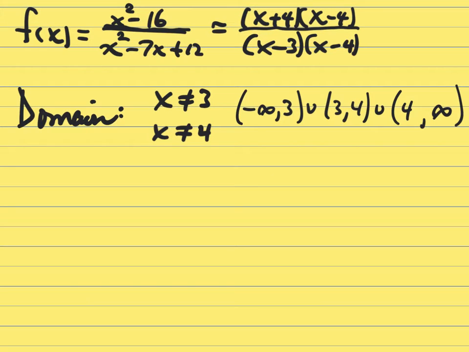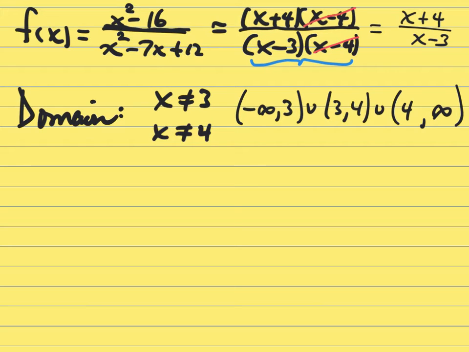Now if we go back up to the main problem, after it's factored, notice that these two will cancel each other, leaving us with x plus 4 over x minus 3. From these two factors in your denominator, that tells us a lot.